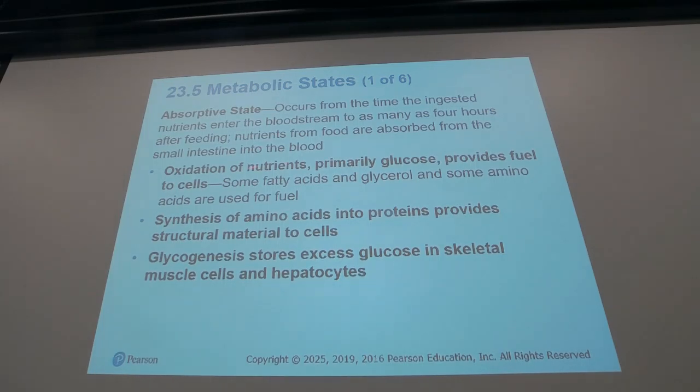And then with these nutrients, including fatty acids and glycerol, then we can have synthesis reactions. Mostly proteins will be synthesized, or to make cells, to make hair, to make nails, to make enzymes, so that our body can function properly.